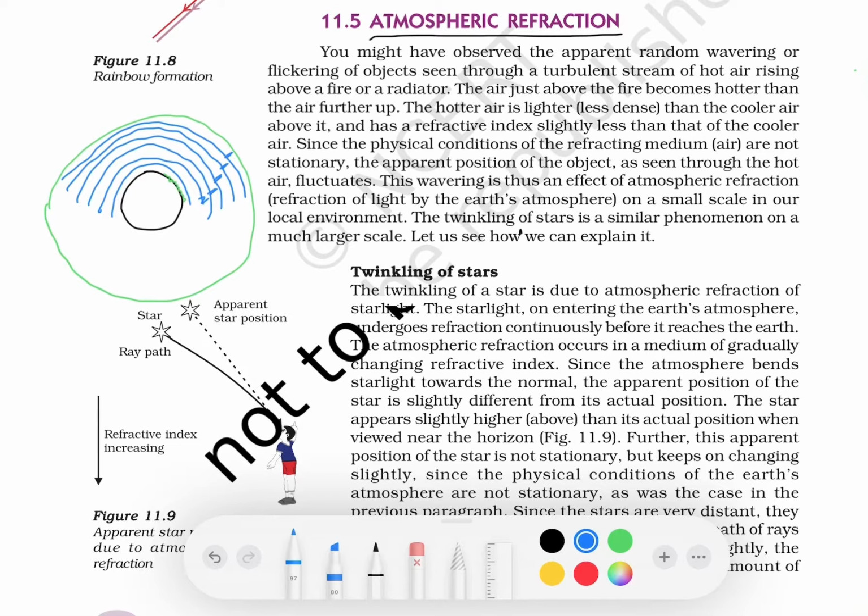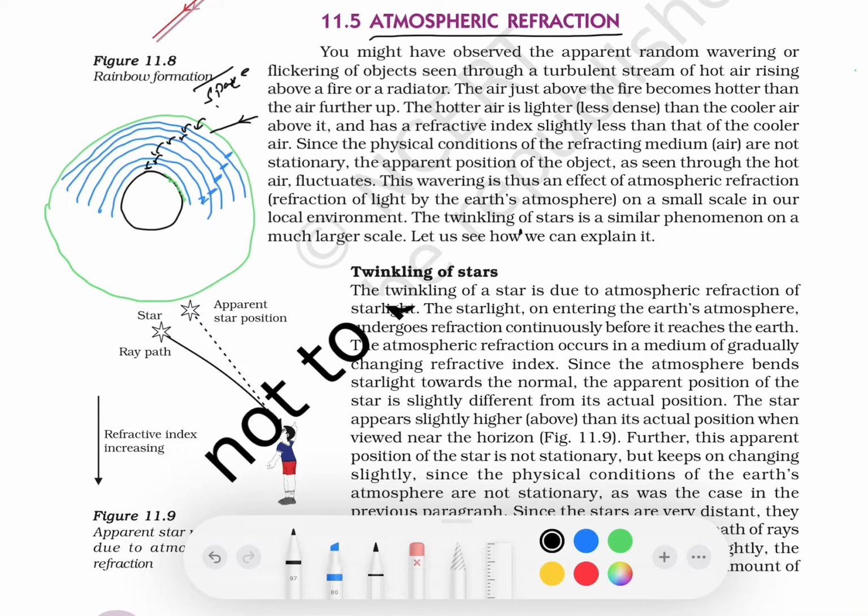So when a light ray is incident on this, it enters. Here we have space, the rarest thing we can have. So this layer will be denser, this a little more dense, this a little more dense, denser and yet denser. So what happens when white light enters into the atmosphere?